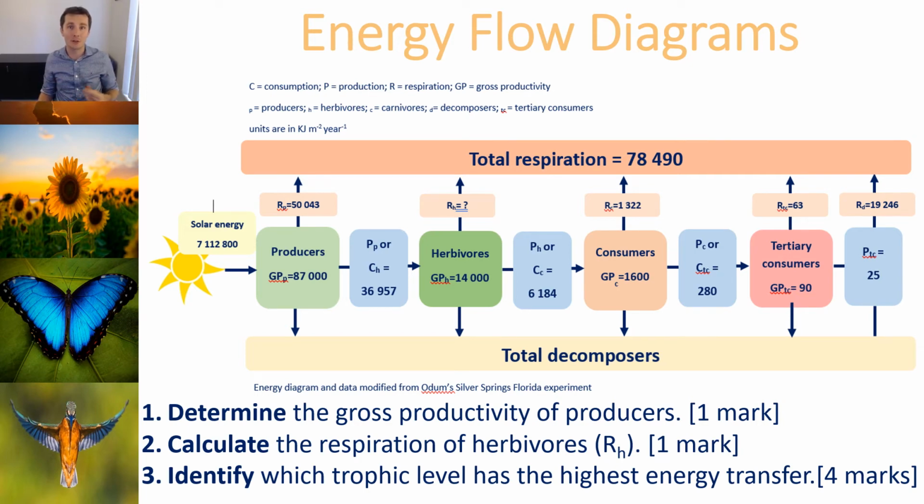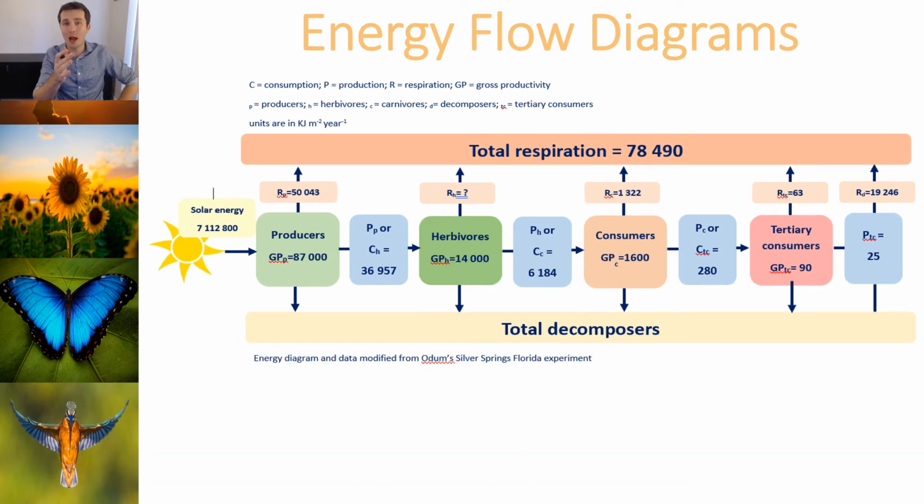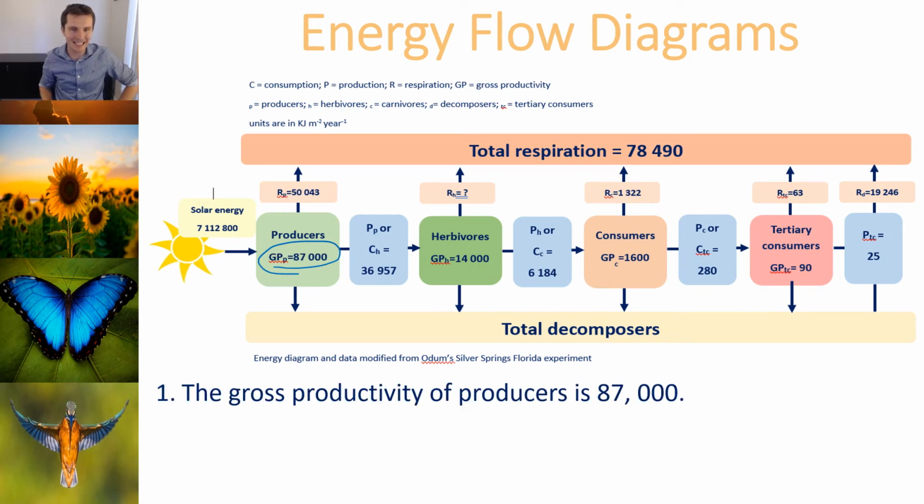Question 1 was the gross primary productivity of the producers. Looking at this diagram, you'll see that the gross primary productivity of the producers is 87,000. And obviously this stands for GP, gross production, or in the case of producers, it's gross primary production, which is a little different to the gross production of the other ones there, or gross productivity.